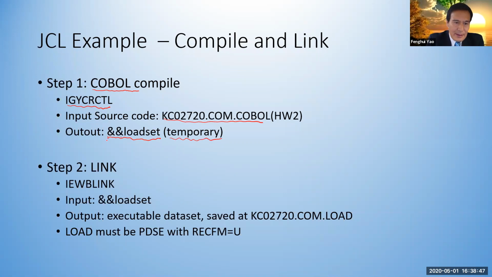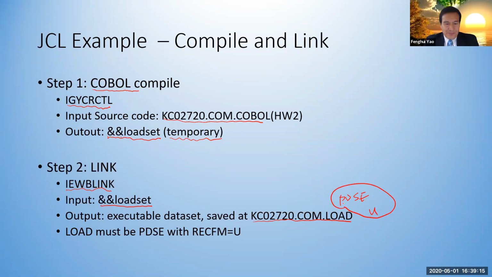And then step 2 will run the linker. This is the linker. The input is the output of the compiler, and then it will generate the output. The output is an executable, which will be saved under this. It is a PDSE with record format equal to U.